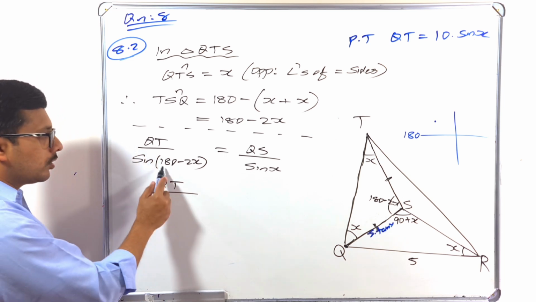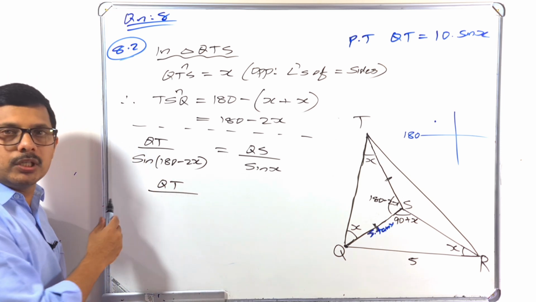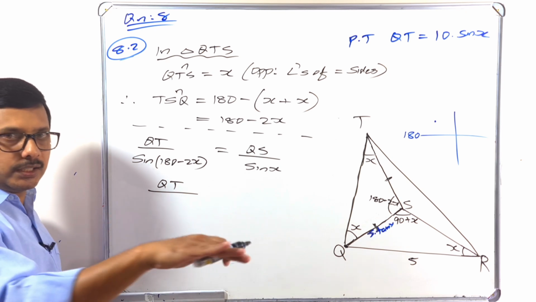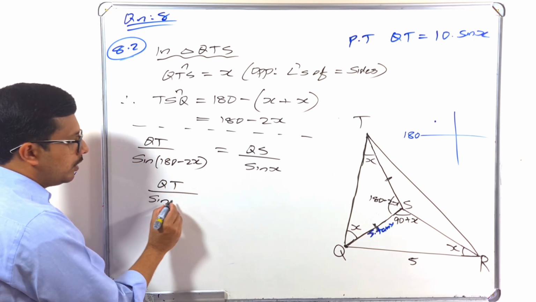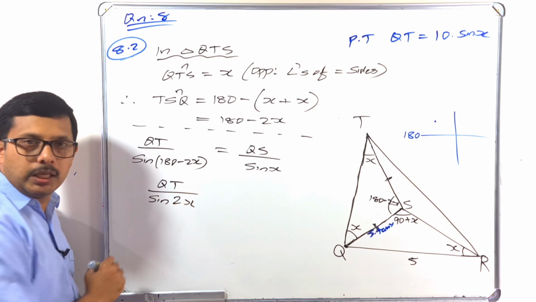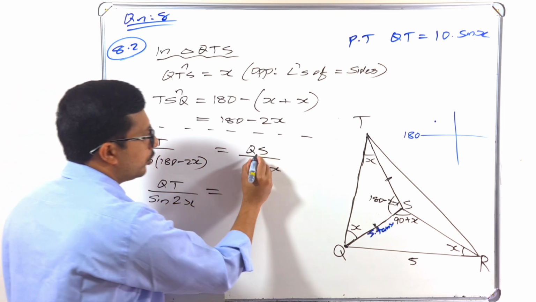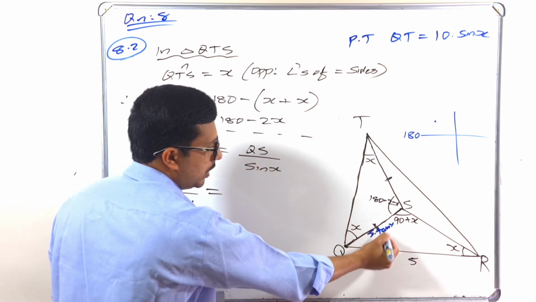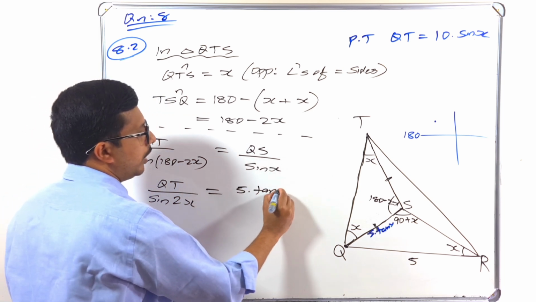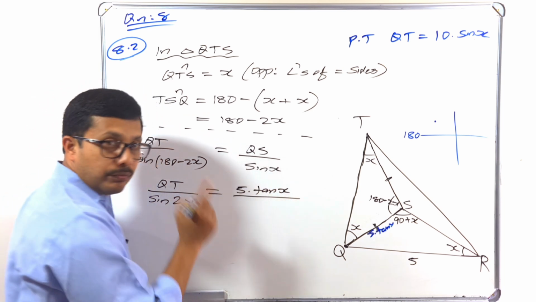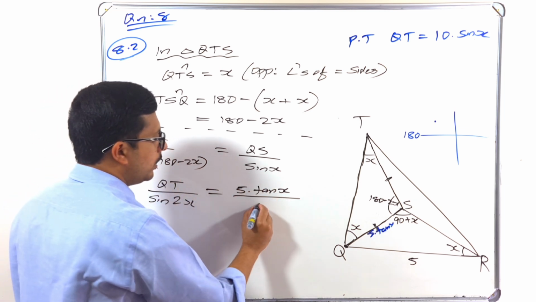And there is no change in the trigonometric ratio because it is based on the horizontal line 180. So sine of 180 minus 2x becomes sine 2x, is equal to QS, which is 5 tan x from the previous question, divided by sine x.